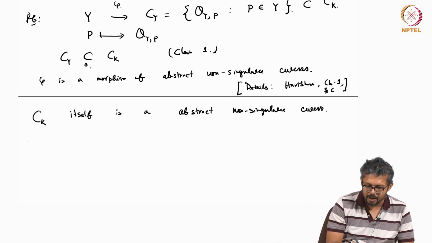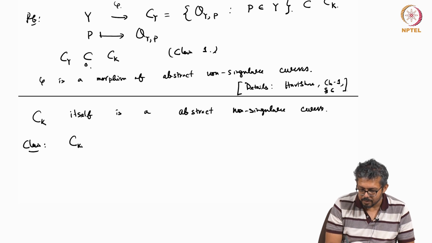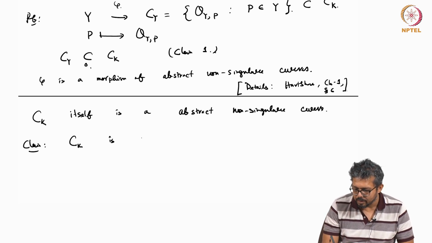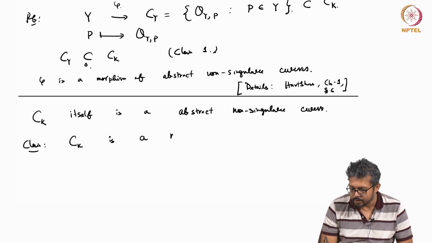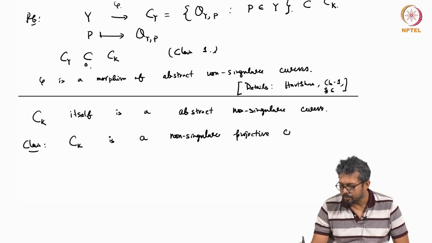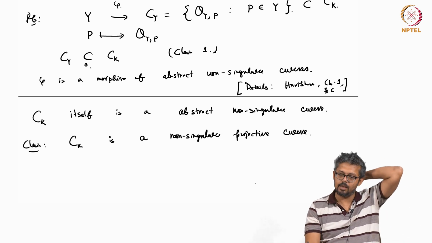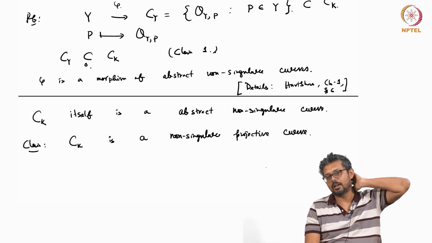So the claim is that this C_K is a projective curve, non-singular, and this is the unique non-singular projective curve.